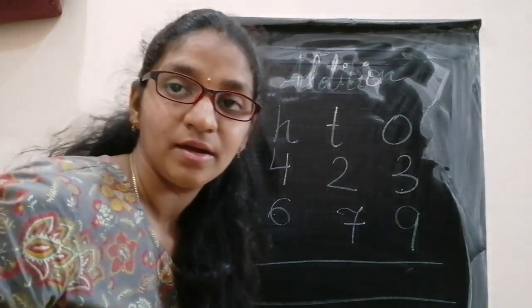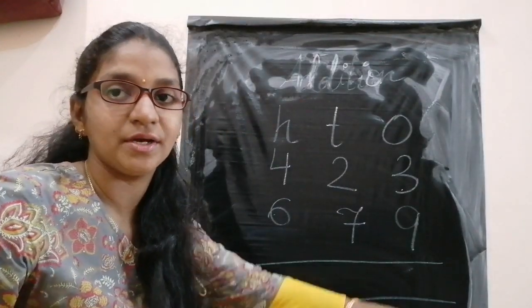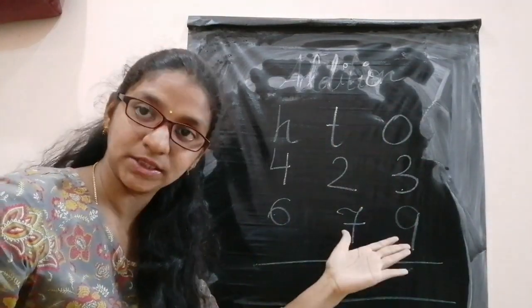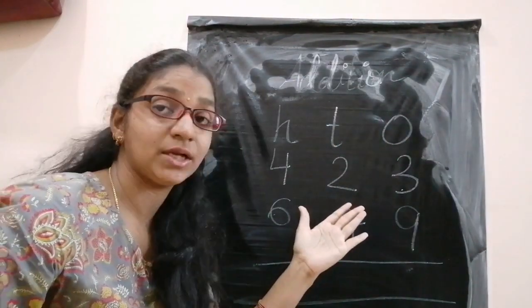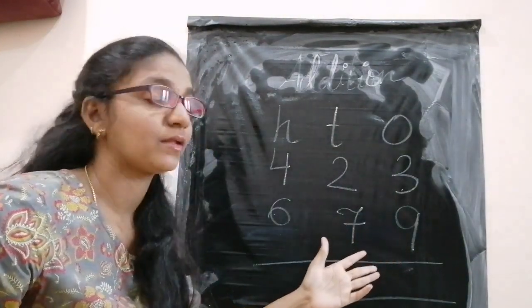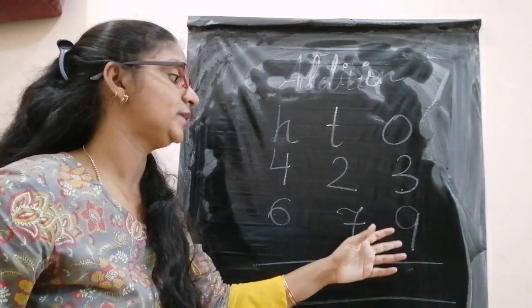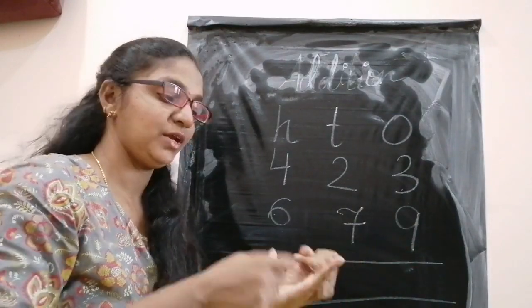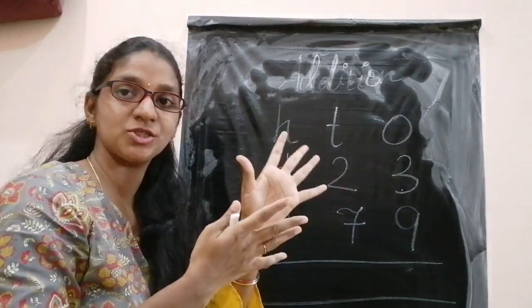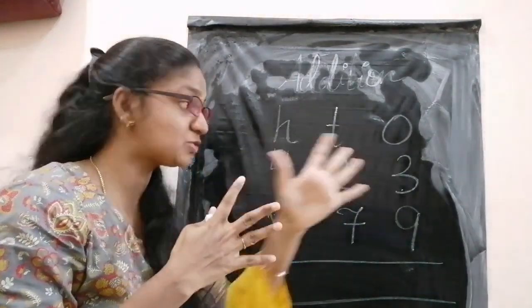The same thing, if we want to do addition, first we have to sum up the numbers in the ones place. So what are the numbers in the ones place? It is 3 plus 9. Okay. So what is 3 plus 9? 3, 4, 5, 6, 7, 8, 9, 10, 11, 12. What is the sum of these two digits?